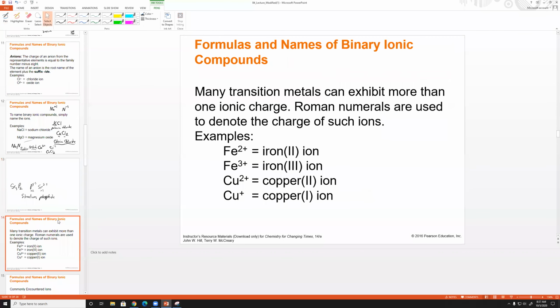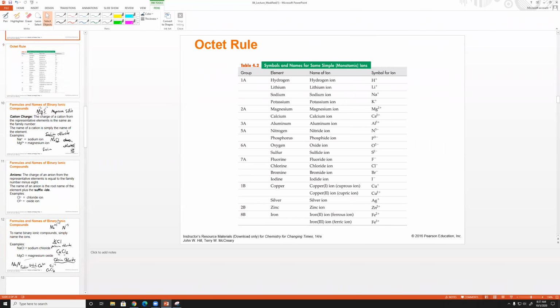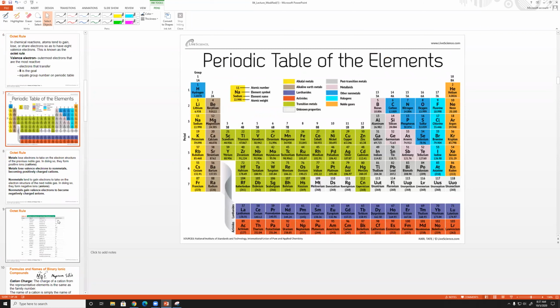Okay. Moving forward. The ones we've done so far, let's revert back to the periodic table. We've only used 1A, 2A, maybe aluminum, and then everything else over here. We didn't touch anything in the middle yet, all of these transition metals.